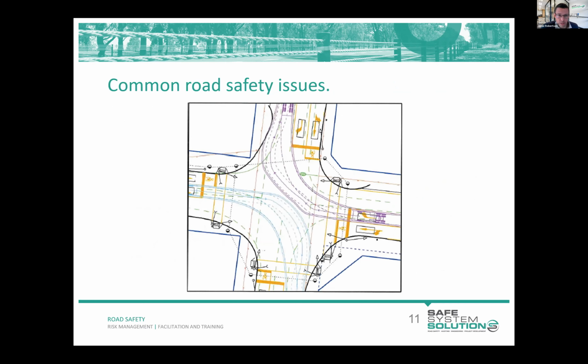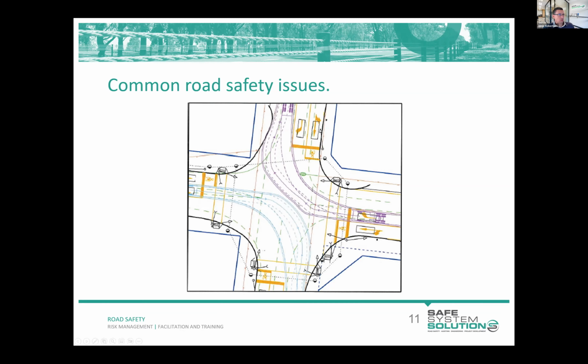Here's an example of a swept path diagram, and not a particularly good one at that. At first glance, it may appear that everything's okay. You can see a blue and a purple swept path, right turns from opposing directions. There does appear to be a clearance in the middle here.